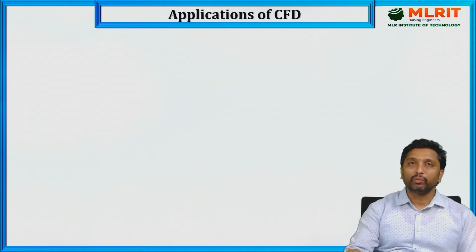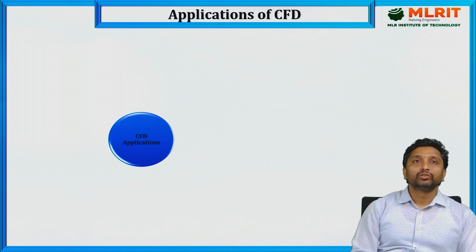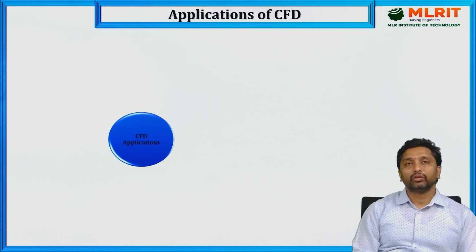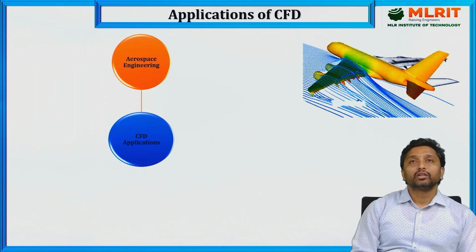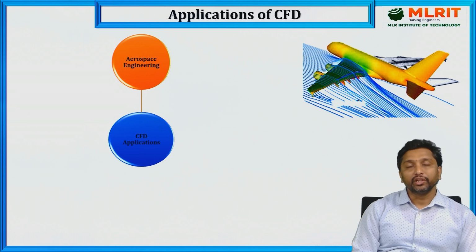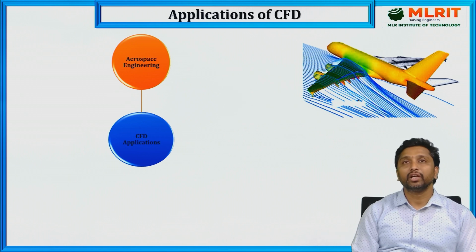So let us move to applications of CFD. CFD has roots in various domains. Primary domain being the aerospace and space engineering, where we can simulate flow over the aircraft, we can simulate flow inside the ducts, we can consider HVAC, heating and ventilation.